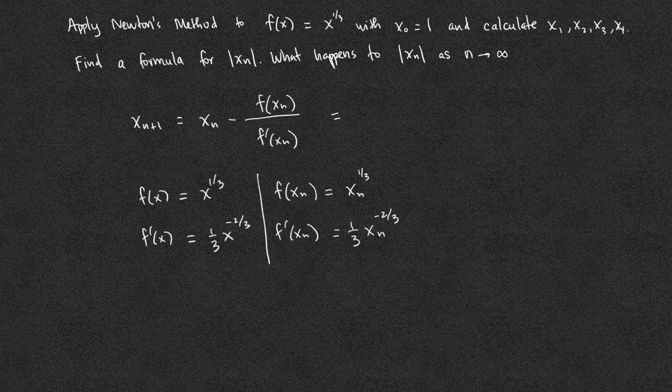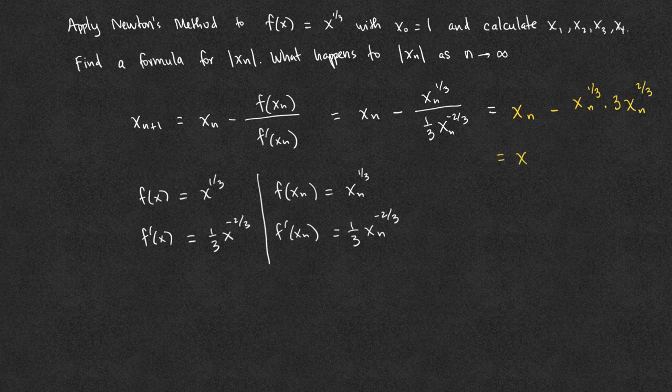This is x sub n minus x sub n to the 1/3 over 1/3 x sub n to the negative 2/3. We then simplify this formula. x sub n to the 1/3 power divided by 1/3 is the same as multiplying by the reciprocal of 1/3, which is 3, and dividing by x sub n to the negative power is the same as multiplying by x sub n to the 2/3 positive power.